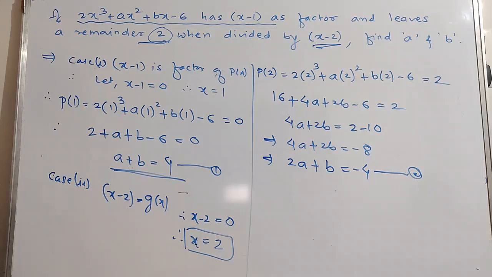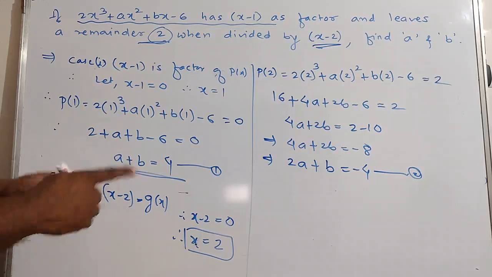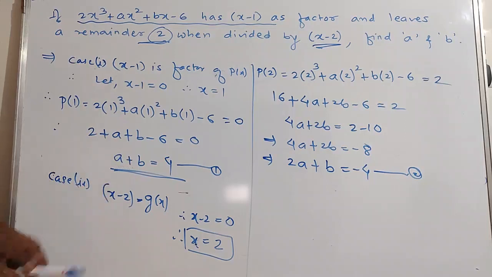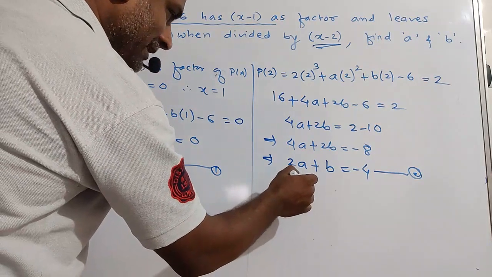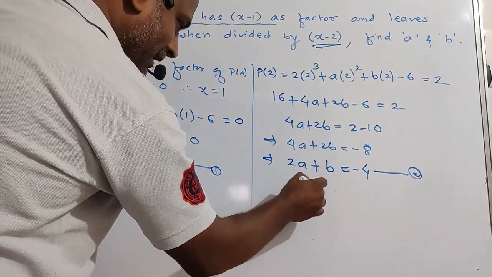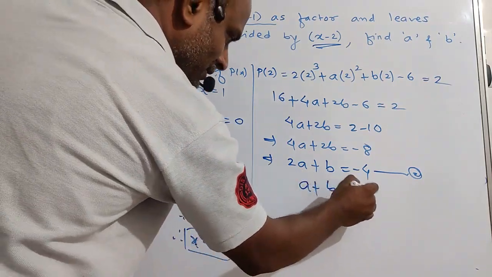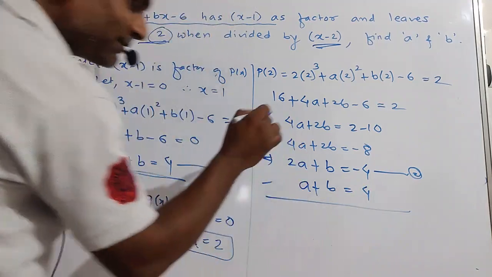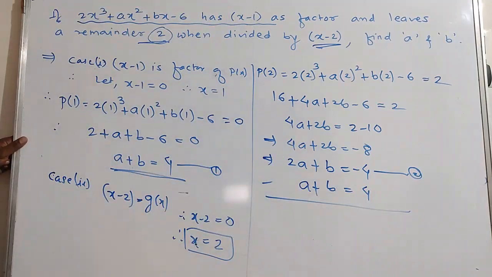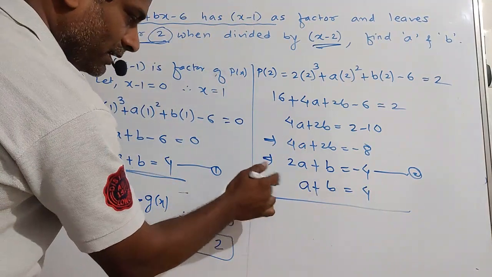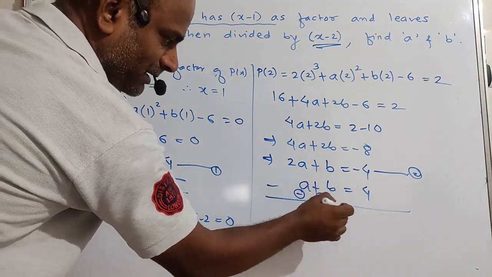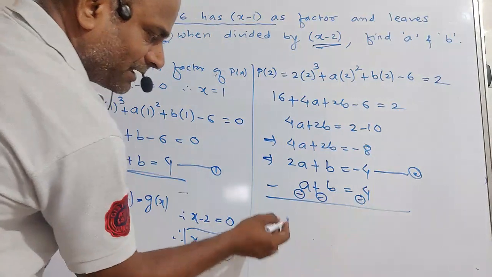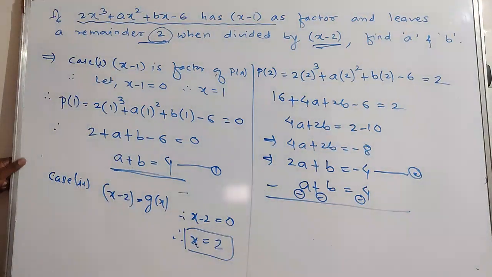Okay. Now what I will do, I will subtract these two equations. So b will cancel and a I will get. I will write here the first equation, a + b = 4, and I will subtract both equations. Because of the minus, the signs will change.